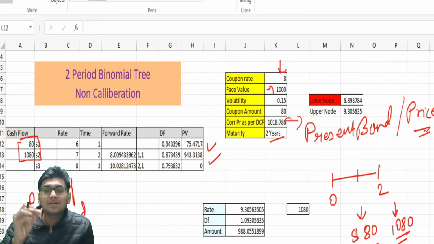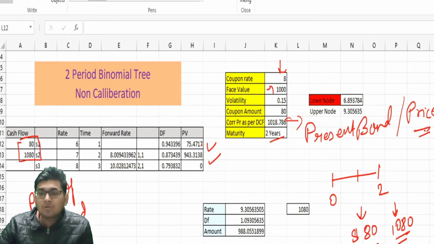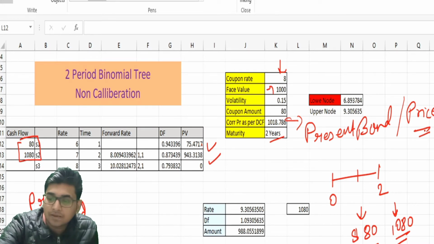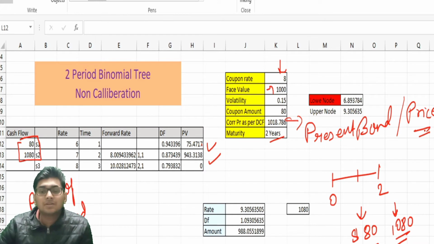Because I am 110% sure that 1018.786 is the correct price. No one can ignore that. Clear? So from here onwards, our target is to create a binomial tree with the help of the spot rates. Clear?